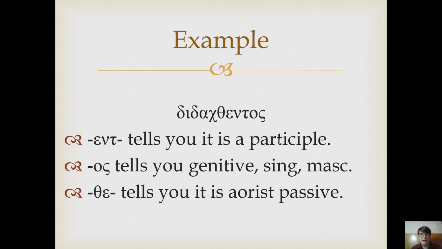We really need a context to know how it's translated precisely. But I know there's going to be something related to the genitive, let's say "of," and there's going to be a "having" because it's aorist, and "been" because it's passive, and "taught" because it's didasco. And there you have it, a crash review of both the forms and the functions of Greek participles.